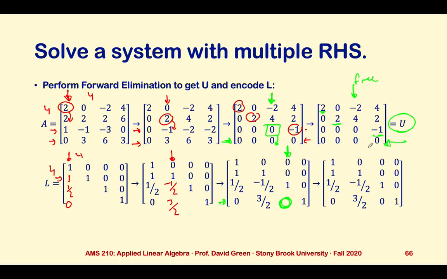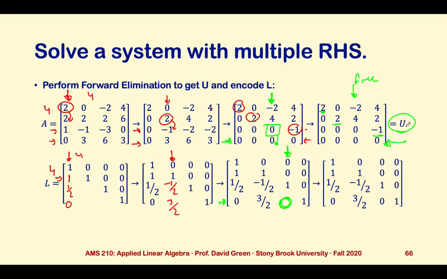This is a system where some right-hand sides will not have a solution. Right? Some right-hand sides will have no solution, some will have many solutions. This is why, even though A is square, we wouldn't be able to solve this problem using the matrix inverse. It's a singular matrix. No inverse exists. We still are able to solve this problem for multiple right-hand sides using LU decomposition.